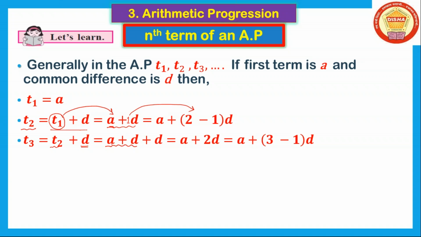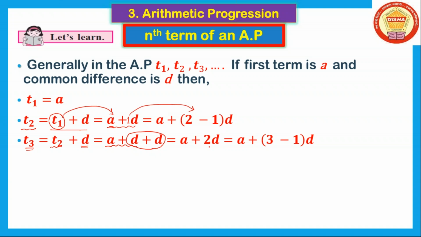If we see here, what we get? A plus D plus D. Okay, means D plus D are the two like terms here. So I am taking A as it is here and D plus D which is equal to 2D. Means the third term we find here is equal to A plus 2D.